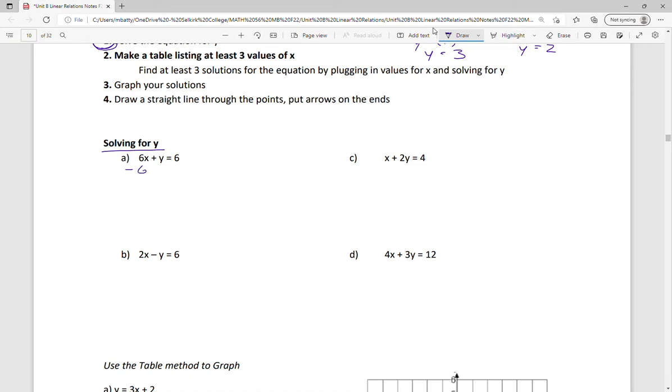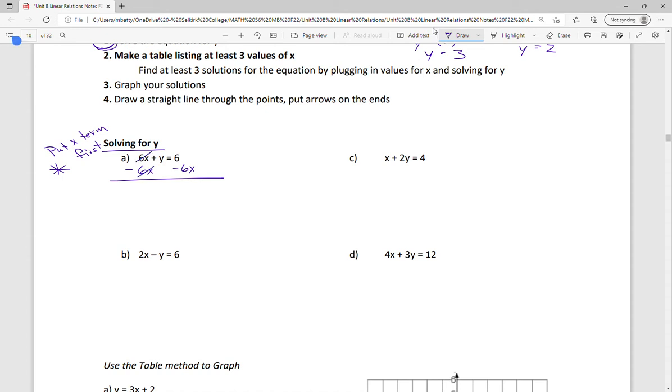So I would subtract 6x on both sides. And I'm going to do things in a bit of a funky way. So we're going to put the x term first. And kind of because I say so at this point, it's going to help for the coming sections. It's going to help later, okay?